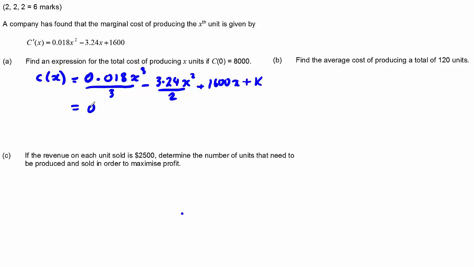So that's 0.006x cubed minus, well, half of 3.24 is 1.62, so 1.62x squared plus 1,600x. Now if x is 0, all of these will be 0, so the k needs to be equal to 8,000.